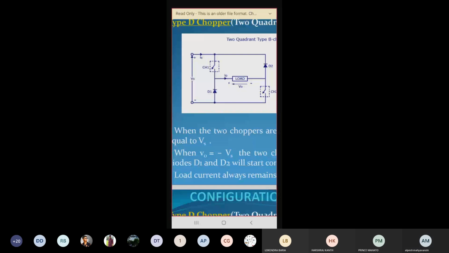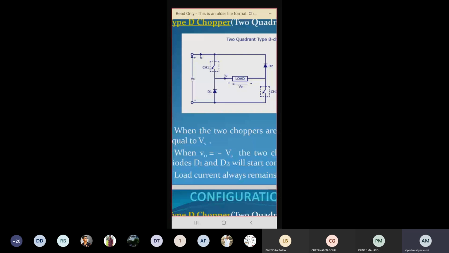This is the waveform of the type D chopper. The first time duration is the T on time, when we make the chopper on. The second is the T off time, when we make the chopper off, and during T off, D1 and D2 are conducting.